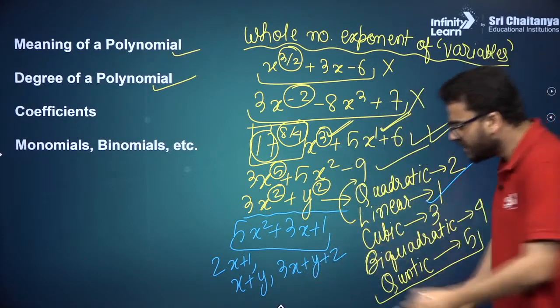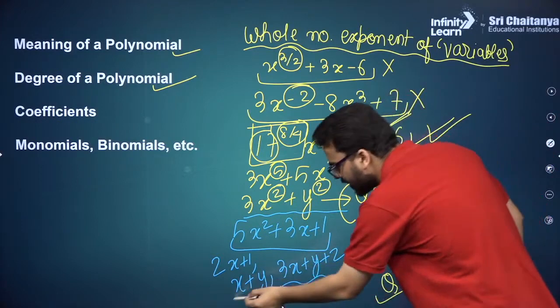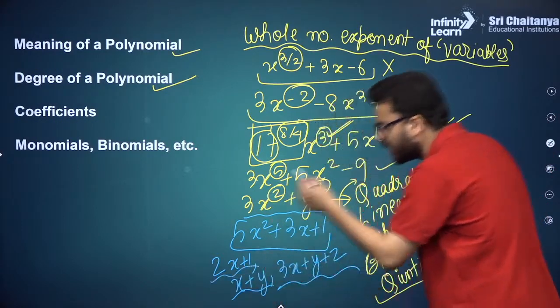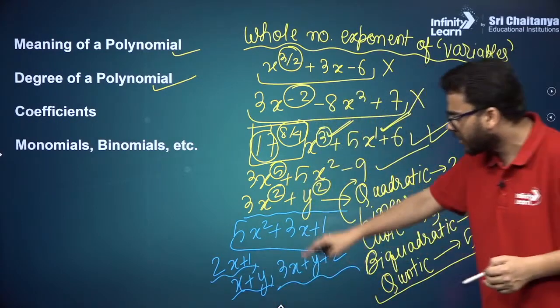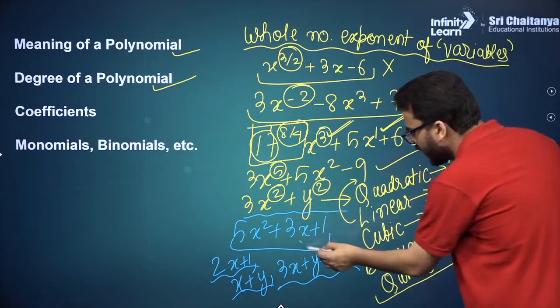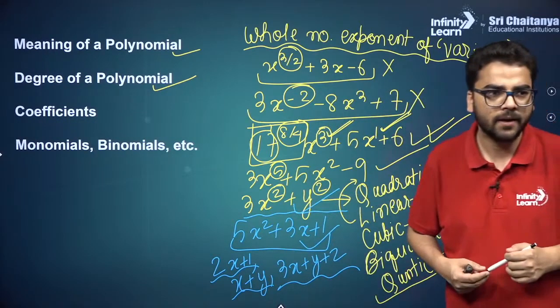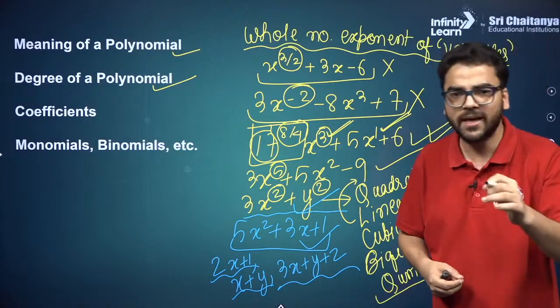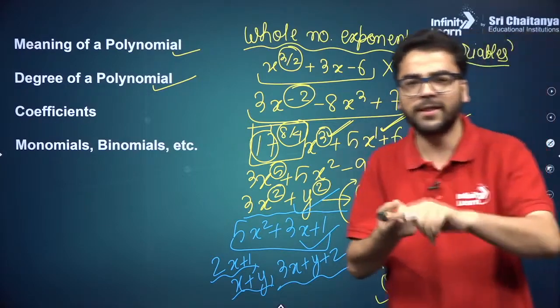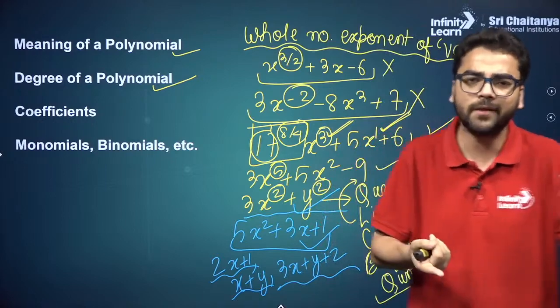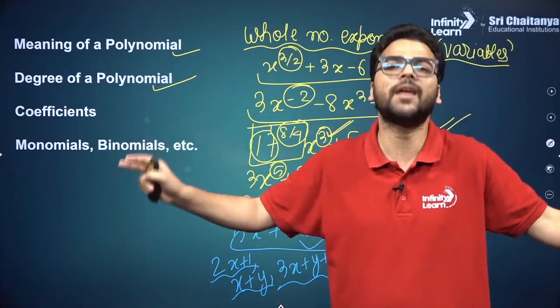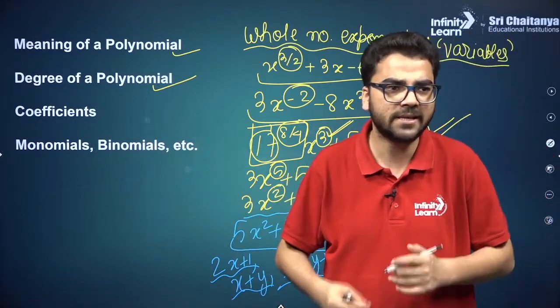This is a linear polynomial in 3 variables, linear polynomial in 2 variables, linear polynomial in 1 variable. In the same manner, this is a quadratic polynomial in 1 variable and this is a quadratic polynomial in 2 variables. Exactly, degree 2 means it's a quadratic polynomial, whether it has 1 variable, 2 variables, 3 variables, or any number of variables. I hope it is clear.